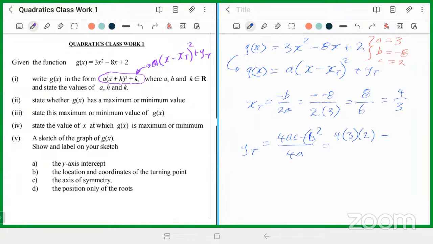Remember now that the b itself is -8. So we're going to put down the -8 for the b, and then we'll put the square on it. And we're going to divide all of that by 4 times a, and again, the a is equal to 3 up there. So put in the 3 right here. Now the key thing right here is that a lot of persons make mistakes right there because of the negatives again. You have to be careful with the negatives.